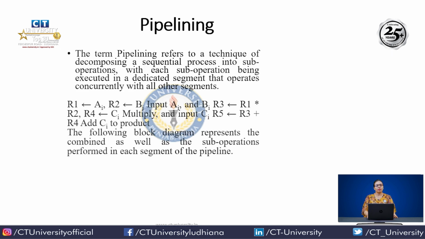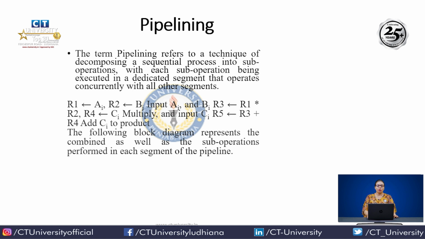Next we have the concept of pipelining. Pipelining basically refers to a technique of decomposing instructions into sub-instructions. For example, suppose we have some value A, which is stored in register R1. Another value B is stored in register R2.